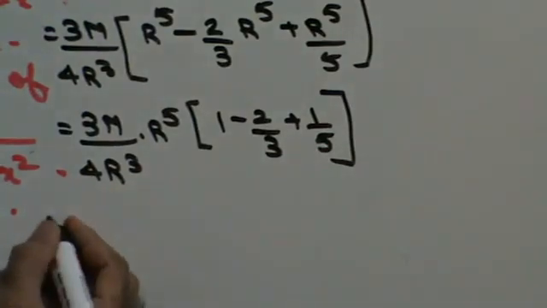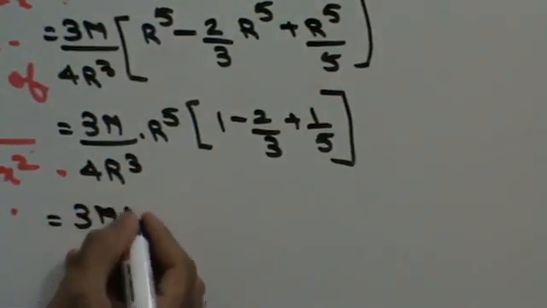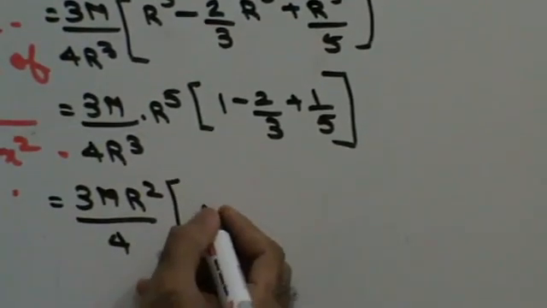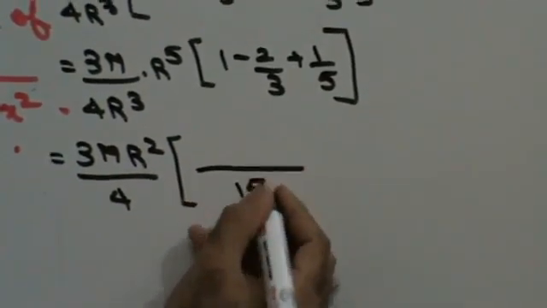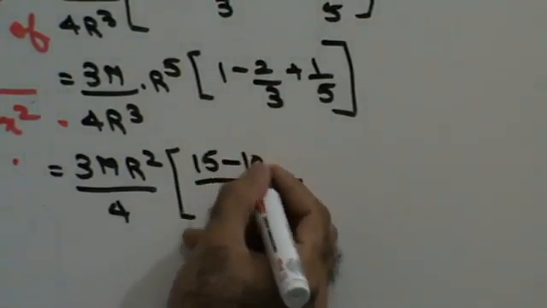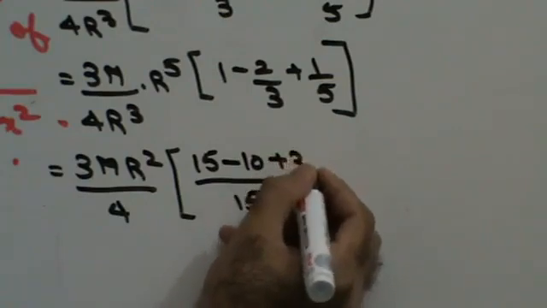This is going to be nothing but 3mr square by 4 into, 15 is the common denominator, so 15 minus 10 plus 3.